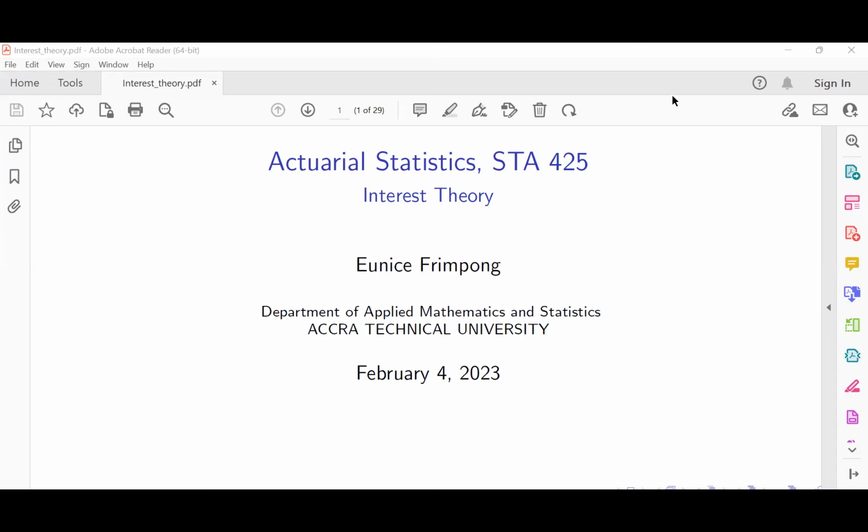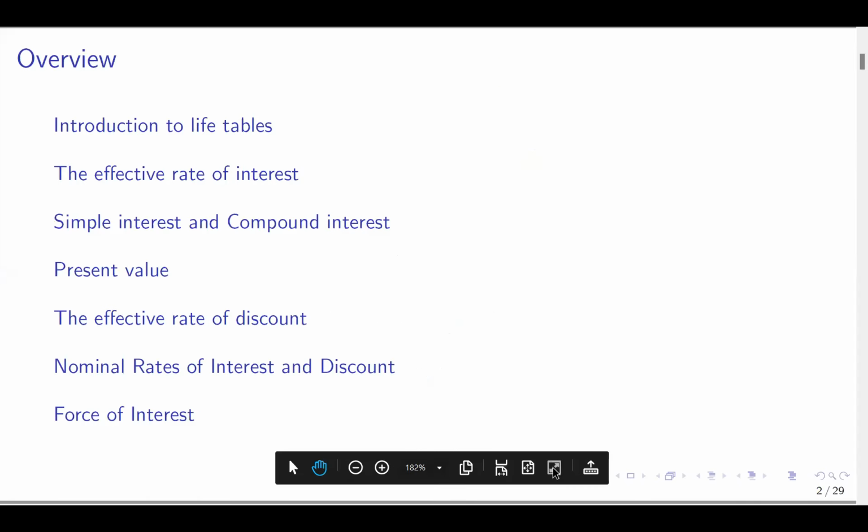We are looking at interest theory today. Now, this is the overview of what we'll be looking at in this topic.